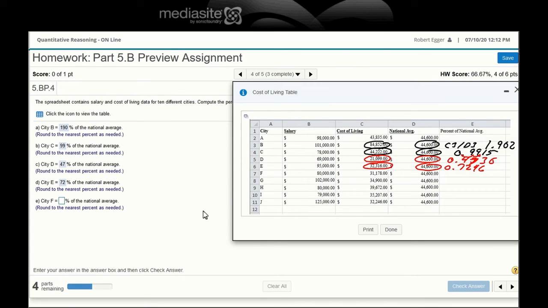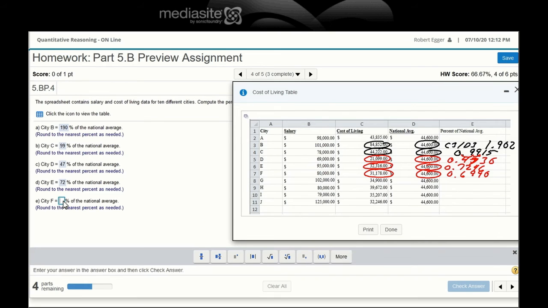City F. Well, cost of living over national average. So 31,178 by 44,600. Always the same division. 0.6990, or 70%. Rounding to the nearest percentage is needed.